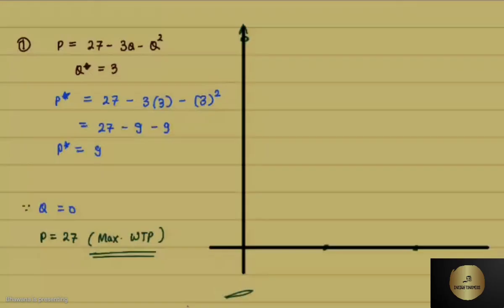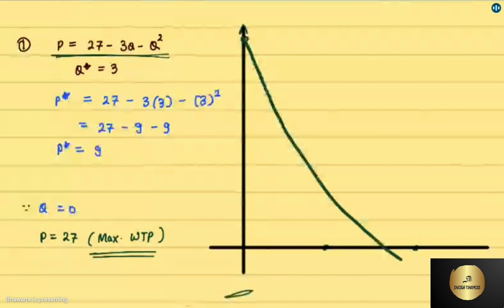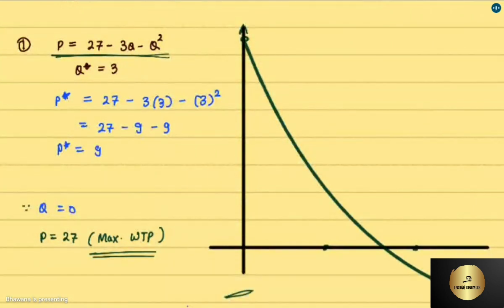Okay, so based on this given function, you will get this type of demand curve. So this vertical intercept you will get at 27, and you have been given already your Q star. Let's say this is your Q star.